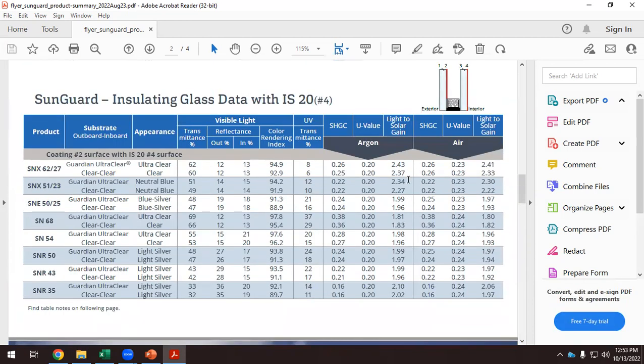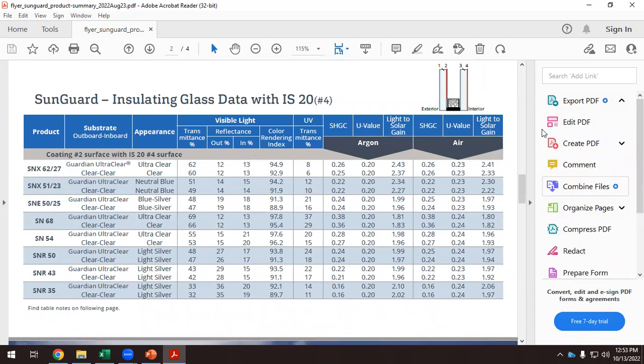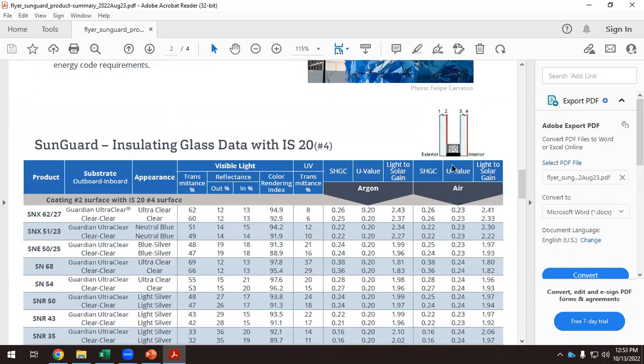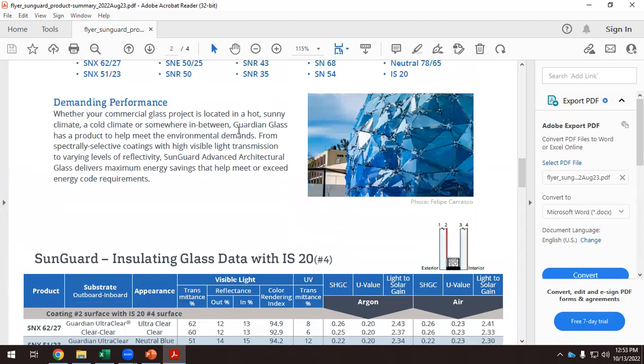Okay, so this is the Guardian catalog, and this is a double glazing, as you can see. This is the exterior, this is the interior, and what is this? I don't know, but there should be demanding performance, sonic climate.